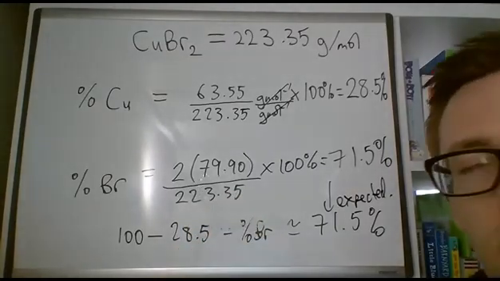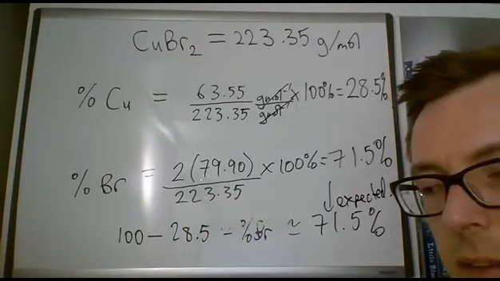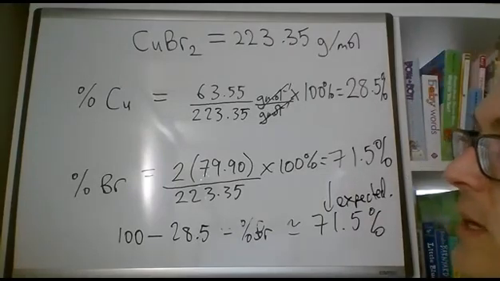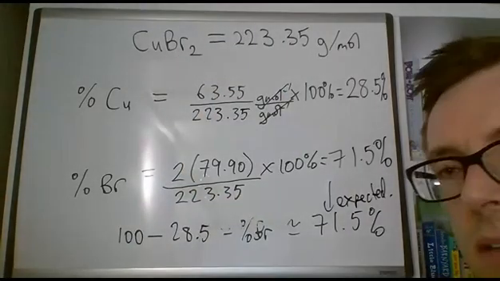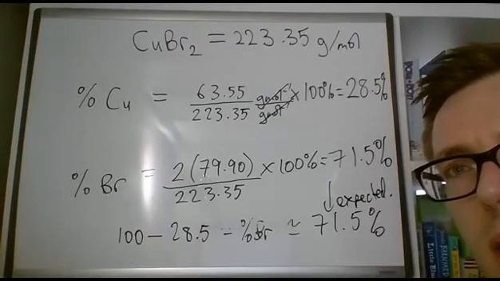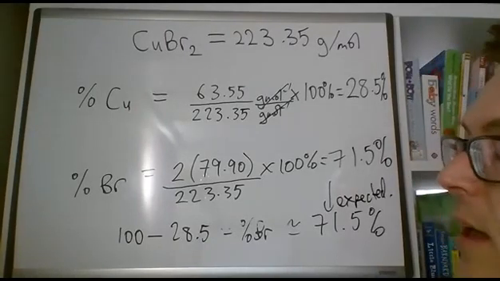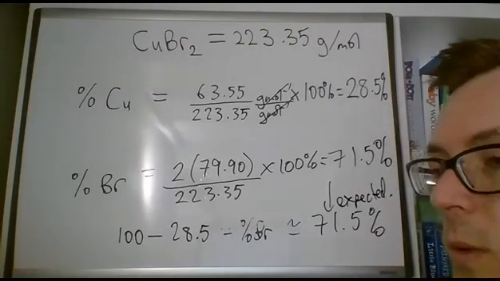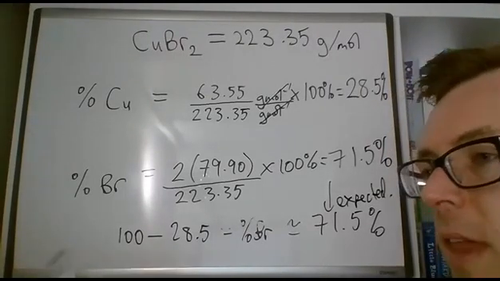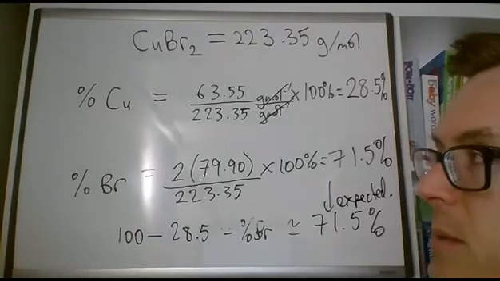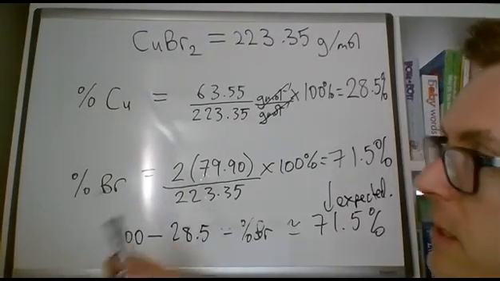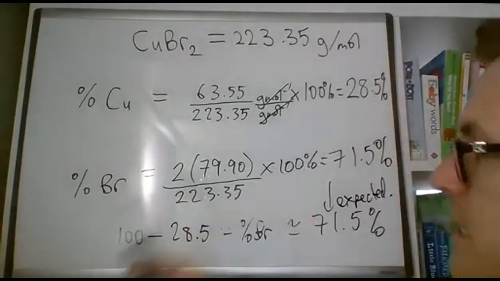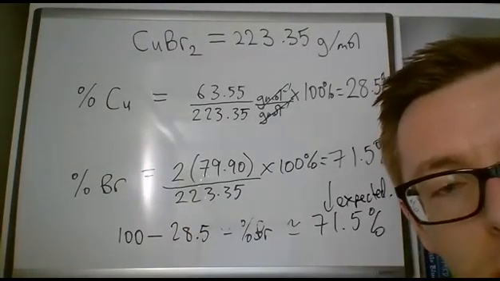What's this useful for? It's useful for identifying a compound. So for example, if you have a solid and you're not sure what it is, you could run an elemental percentage composition. So you run that and the data comes back and it says, okay, this chemical has 28.5% copper in it and 71.5% bromine, and that's it.